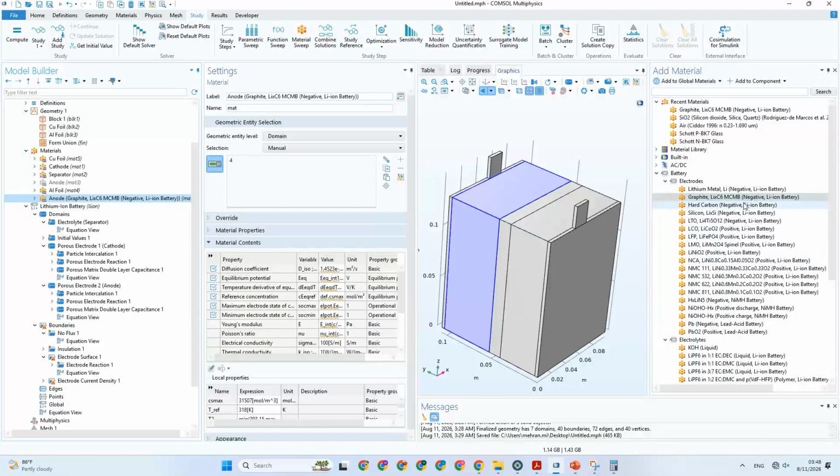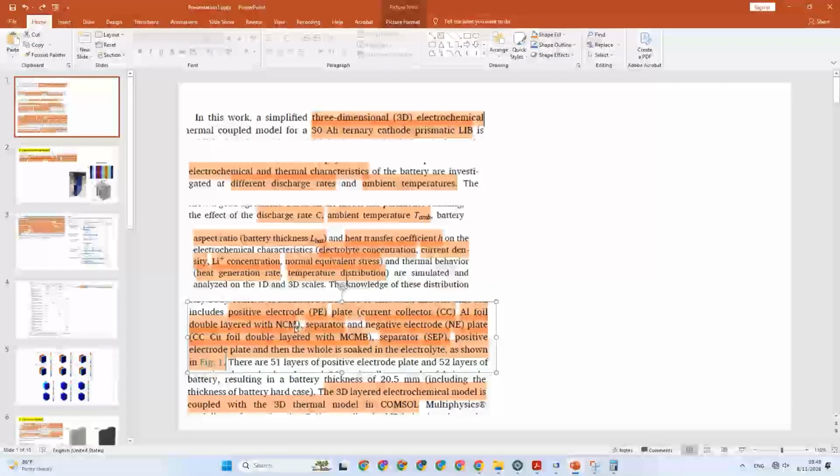Yes, it's negative, it's okay, and positive, yes. NMC, so weird. NMC, and it is not correct. NCM, we can check it.